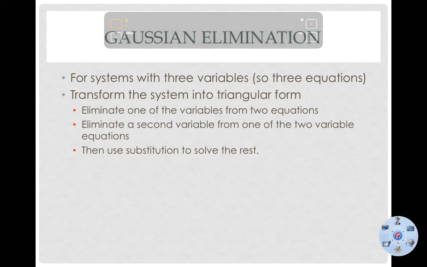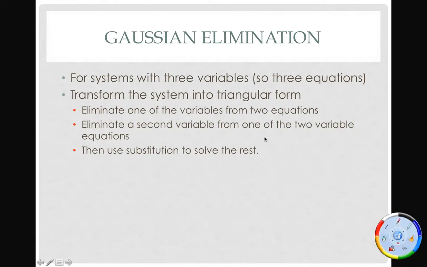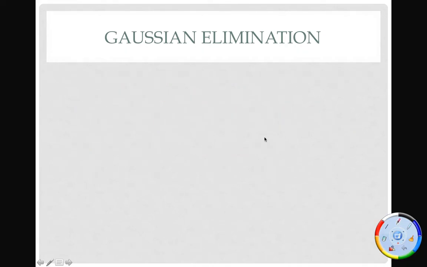All right. So let's see here. What would this look like as an example? Let's say we had the system. Let's back up a little bit so I have a little bit more room.